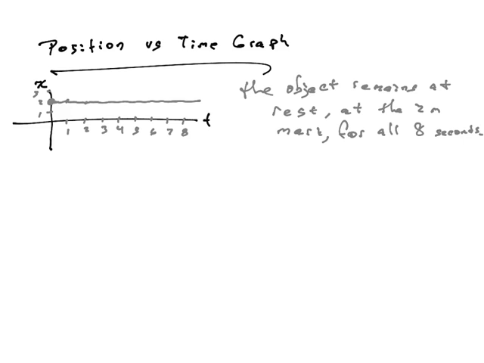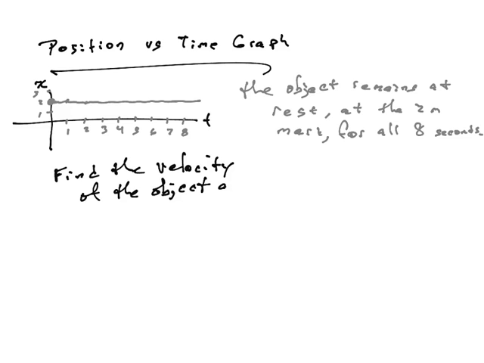So let's say I was asked, find the velocity of the object at the 3 second mark. How would I do it? Well, velocity, I remember, is the change in the position over time.